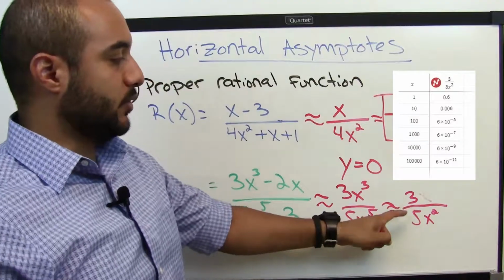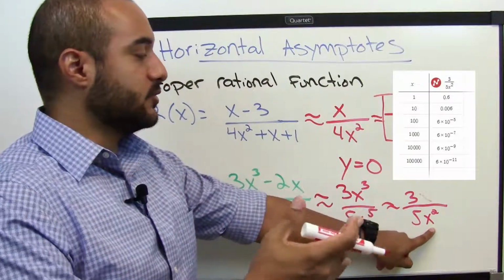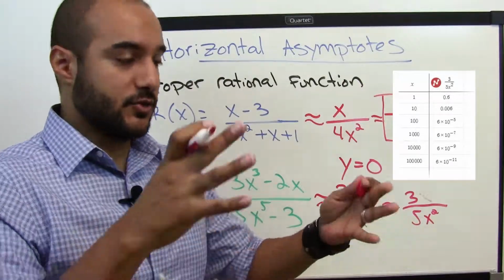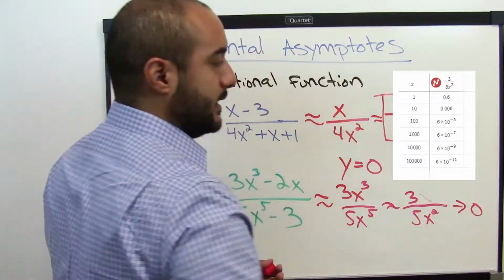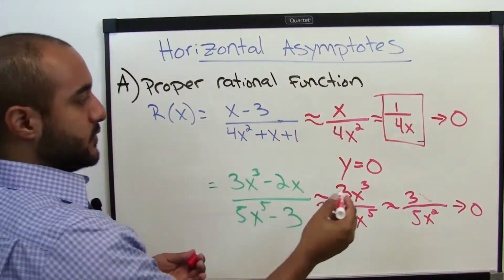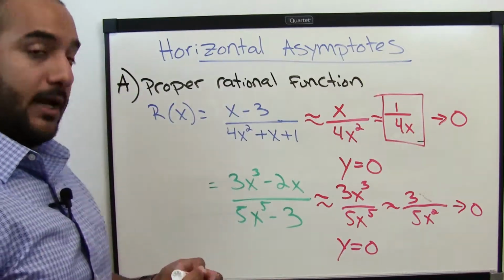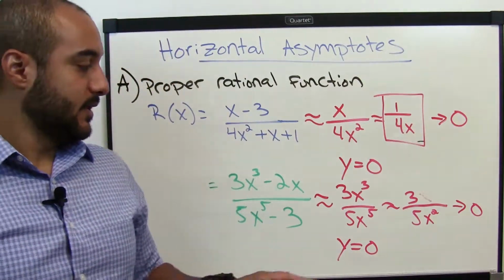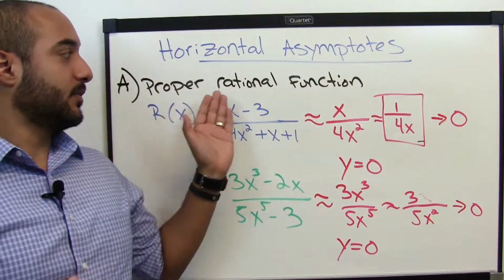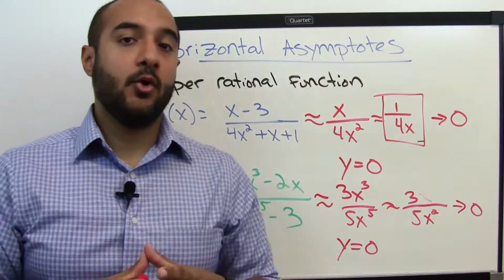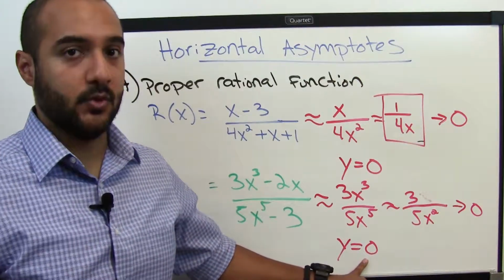So same thing, 3 over 5, but here I'm multiplying my denominator by bigger and bigger numbers, which makes my whole fraction smaller, smaller, and smaller, and it'll always head towards 0. So once again, even here, my horizontal asymptote is y equals 0. So that's a great part about these proper rational functions. They always have a horizontal asymptote at y equals 0.